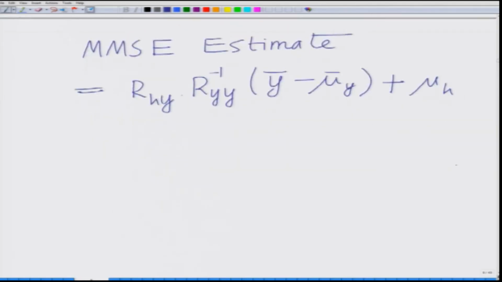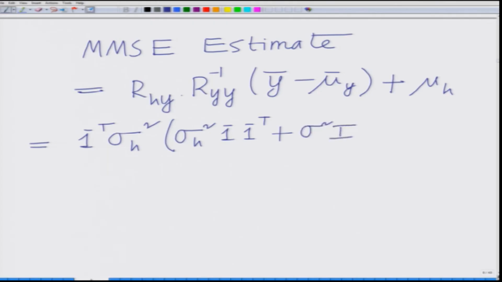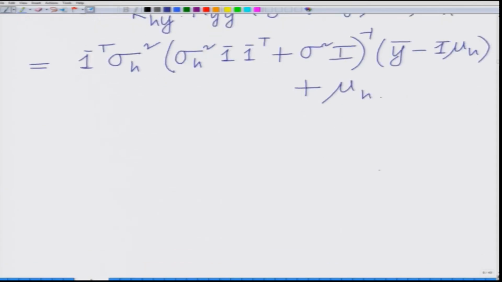We know each of these quantities: R_hy we have calculated is 1 bar transpose times sigma h square, R_yy is sigma h square into 1 bar 1 bar transpose plus sigma square identity, inverse, into y bar minus mu bar y, which is y bar minus 1 bar into mu h, plus mu h.